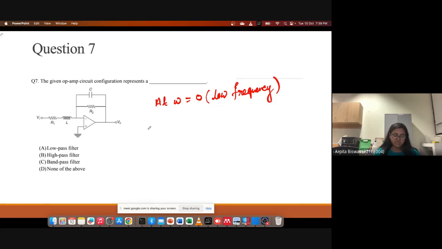So at low frequency, a capacitor. Gausa, please unmute yourself and tell me at low frequency how this capacitor behaves. It will be open circuit or short circuit? Please unmute yourself, Gausa. So at low frequency, a capacitor behaves like open circuit.